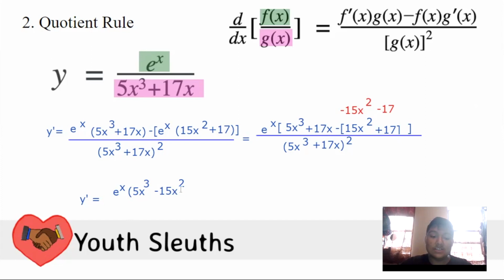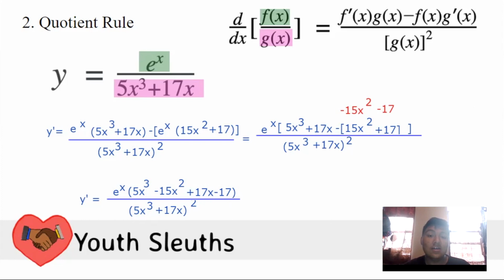There's only 17x, and then minus 17. And again, we bring our denominator with us. And there we finally found the derivative of y.